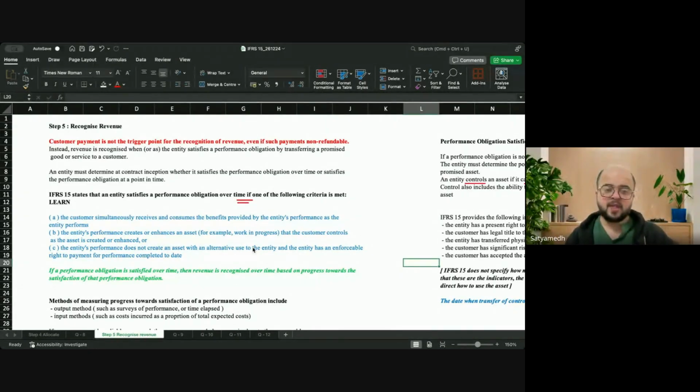The first one is that the customer simultaneously receives and consumes the benefits provided by the entity's performance as the entity performs. So if you have joined my class for financial reporting, it's a 4 month class. I am teaching and you are simultaneously receiving the benefit out of the teaching activity. So my performance and your consumption go hand in hand.